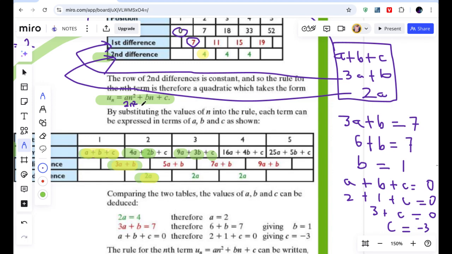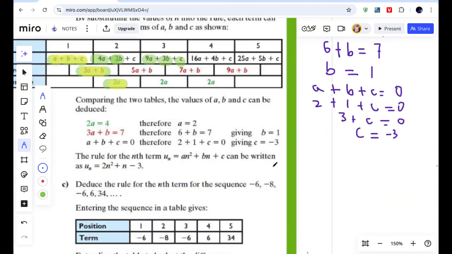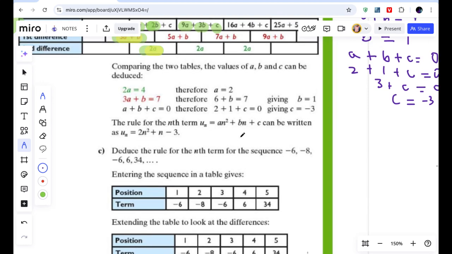Then B was 1, so no need to write 1n. Just say plus n. And then C was minus 3. You say minus 3. This is the nth term of the sequence. So the nth term of the sequence will be 2n squared plus n minus 3. That's it. That's the nth term of the sequence.